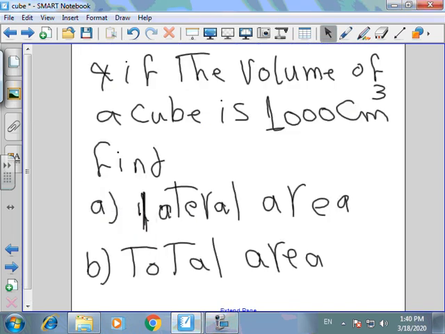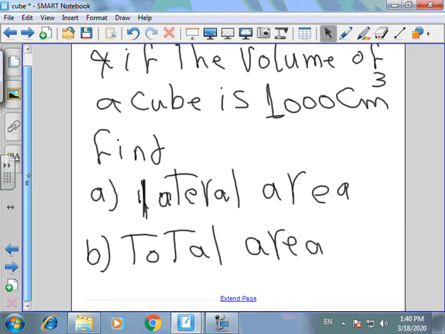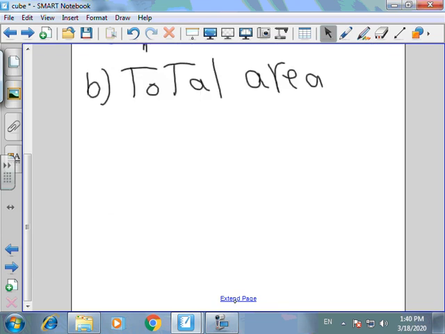Okay, let's see another example. If the volume of a cube is 1000 centimeters cubed, find the lateral area and the total area. Now we have the volume. Can we get the side out of the volume? Yes, of course. It's very easy.